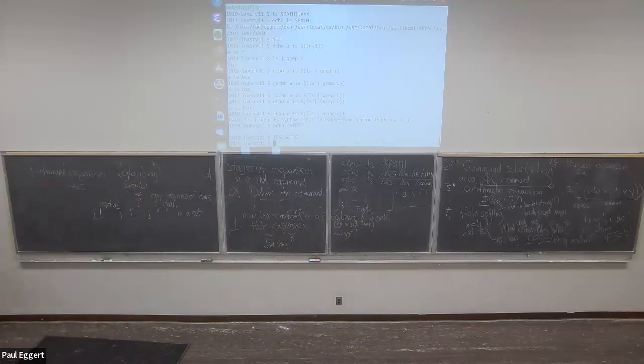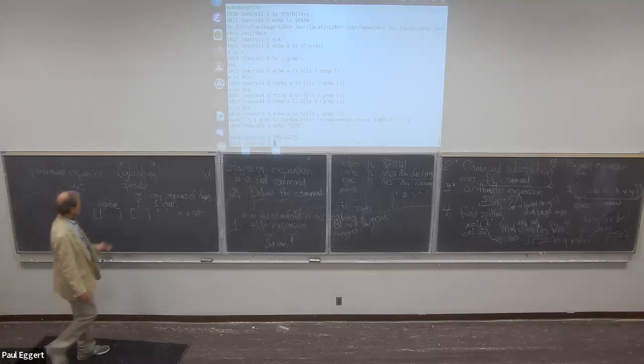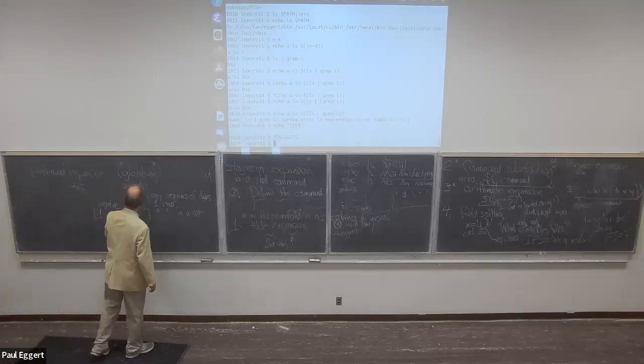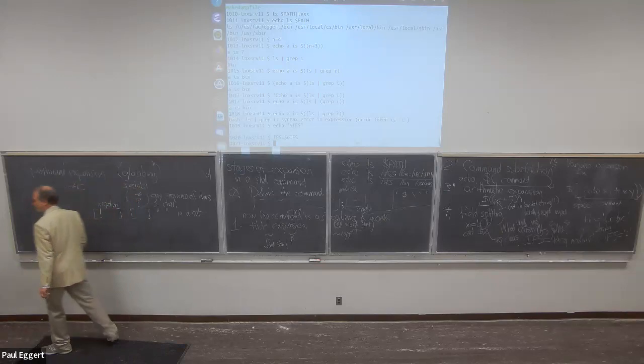All right. One other special thing is there's one special rule for hidden files, okay? And that special rule is that star and the other patterns, but this is usually star, does not match a file name starting with dot.